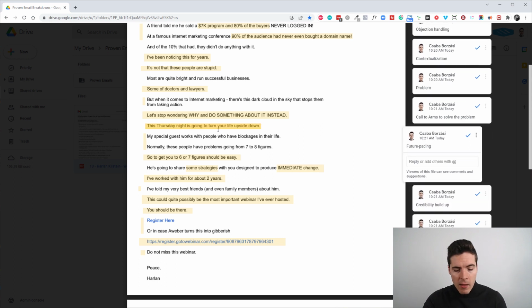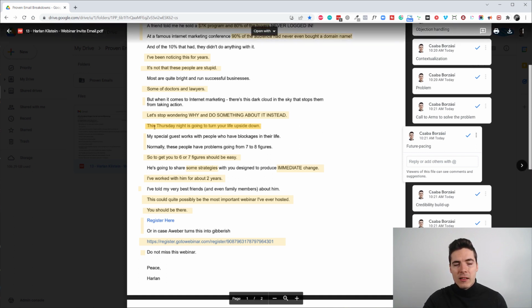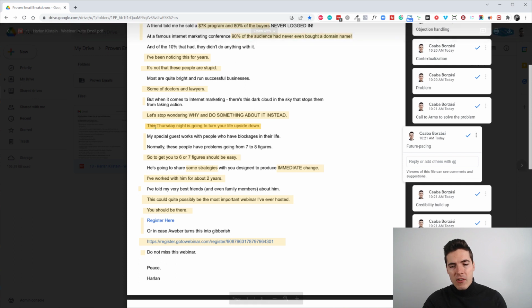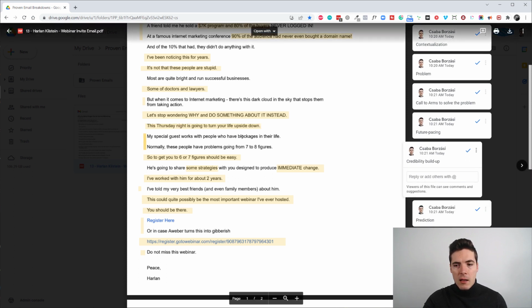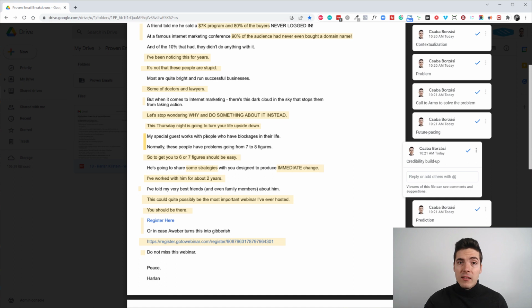I'm not an expert at deconstructing specific NLP elements because I don't remember any of those things anymore that much. But something like this definitely paints that visual picture and it future paces something which probably qualifies as an NLP element.